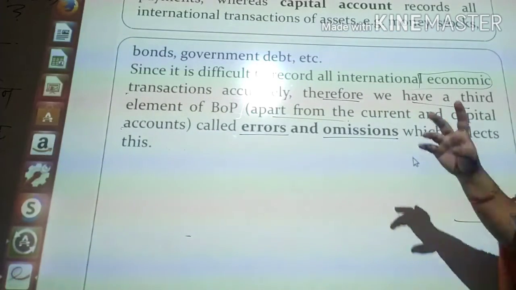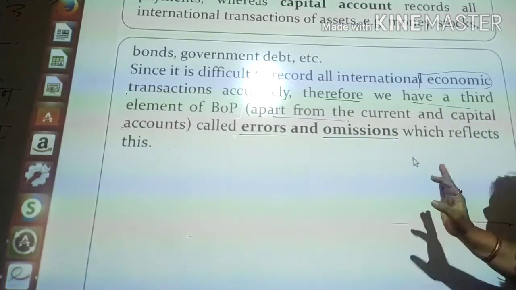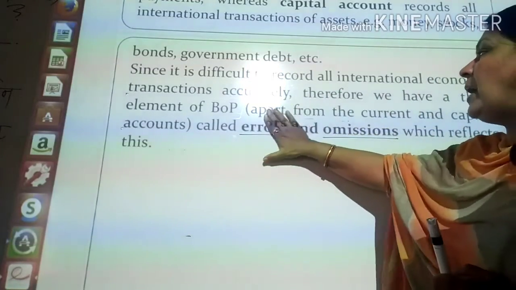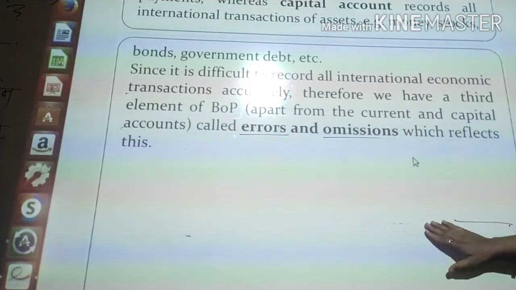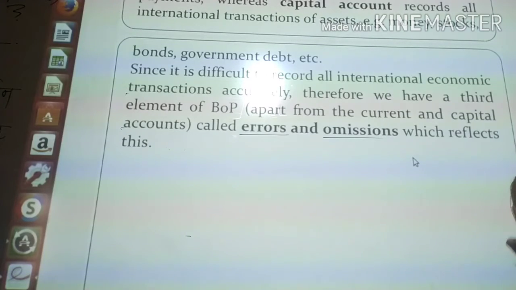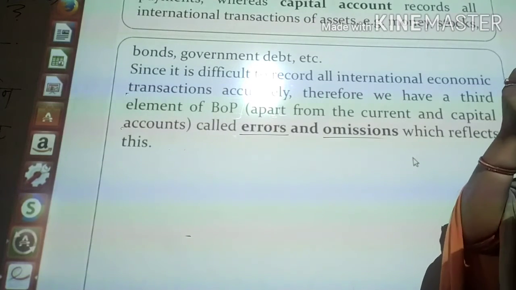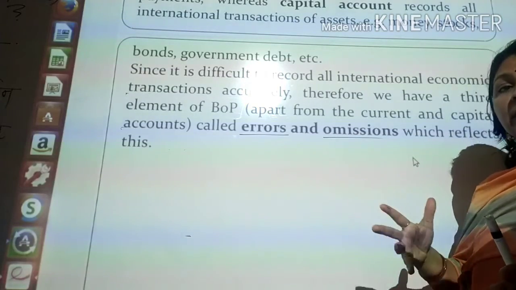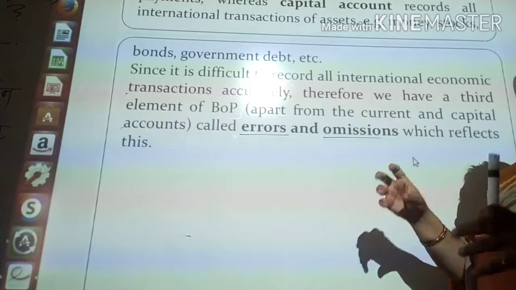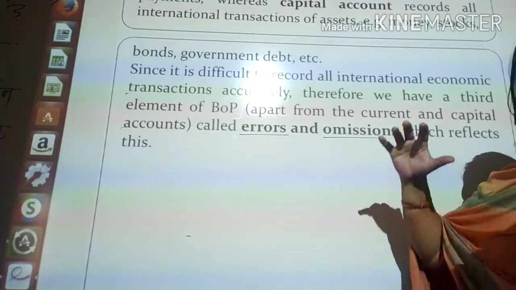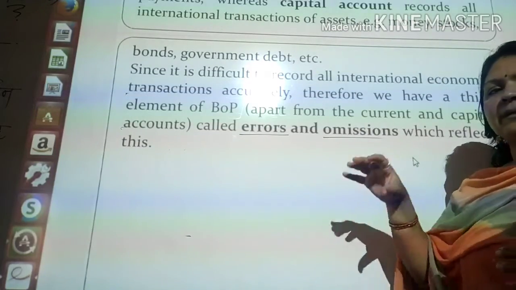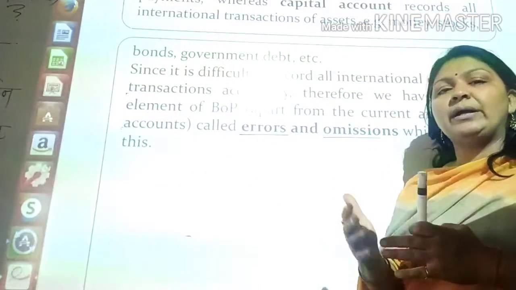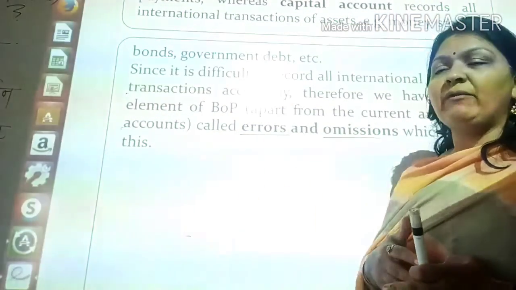Not only the two, we cannot manage the balance of payment accounts with only two. So we are making one more part. It is called errors and omission. Because sometimes some entries of capital, like assets, are not transferred in the fiscal year. When we are talking about foreign exchange in that particular given fiscal year, if something has not been transferred, it is difficult to find out whether it is capital or revenue in nature.